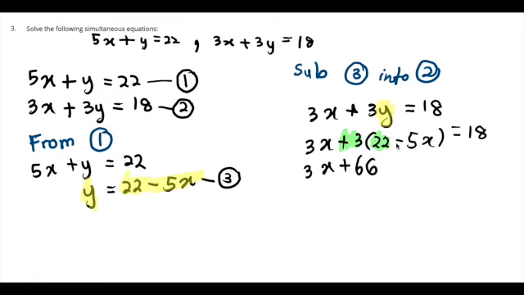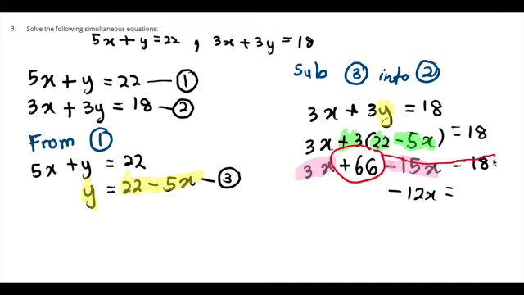Next, positive 3 times negative 5x is negative 15x. So equals 18. Like term with like term, 3x minus 15x is negative 12x. And 66, we can move to the right side. It will become 18 minus 66.